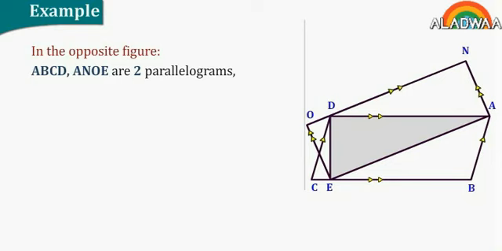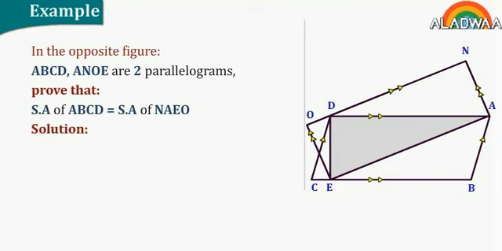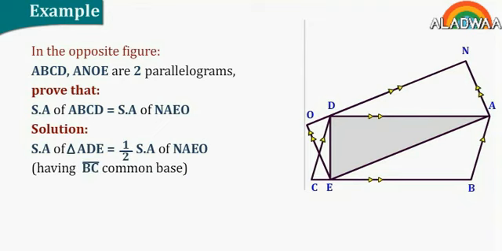Solution: the area of triangle ADE equals half the area of NAEO, having common base. And the area of triangle ADE equals half the area of ABCD, having common base AD. Therefore, the area of NAEO equals the area of ABCD.